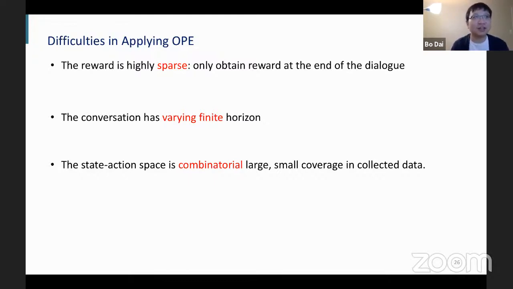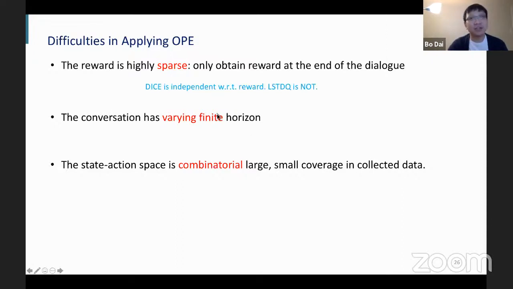The state space is already large enough, and the action, a composed sentence, is also large. This means that no matter how many data are collected, it seems impossible to satisfy the data coverage assumption in our theory and method derivation. So these are the three major difficulties in applying policy evaluation to evaluate dialogue. Let's see how we beat each of them one by one.